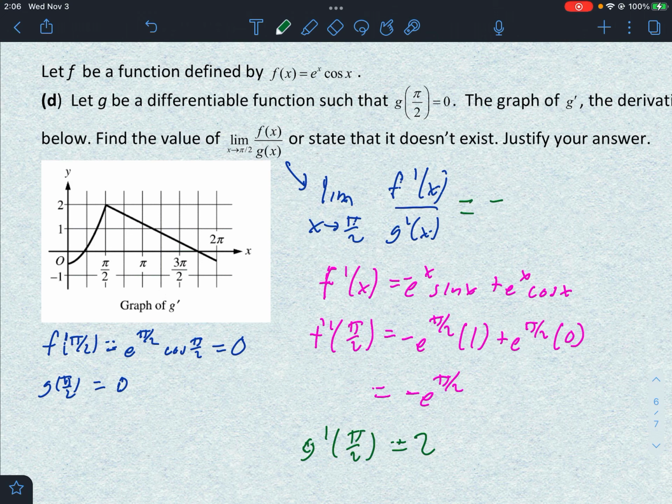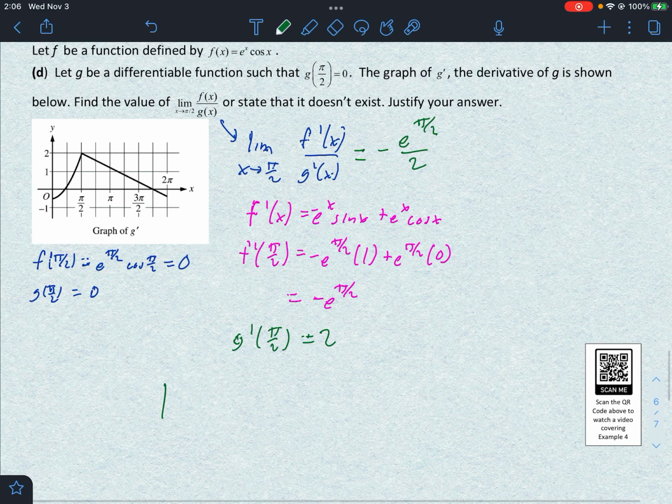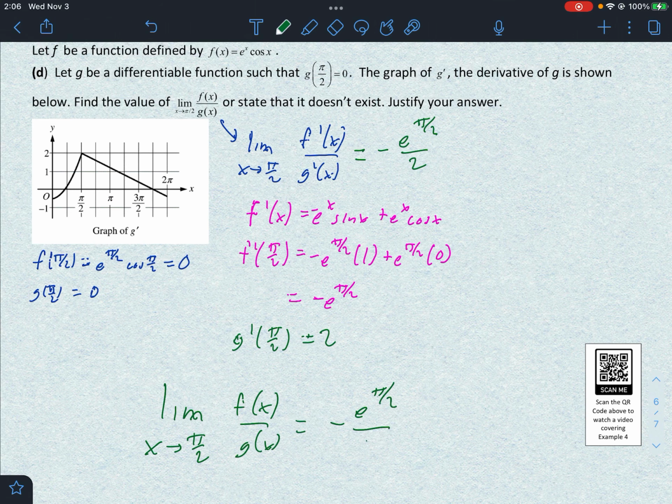So our answer here would be negative e to the pi over 2 over 2. And that's what our answer would be to the original problem as well. The limit as x approaches pi over 2 of f over g would be negative e to the pi over 2 over 2.